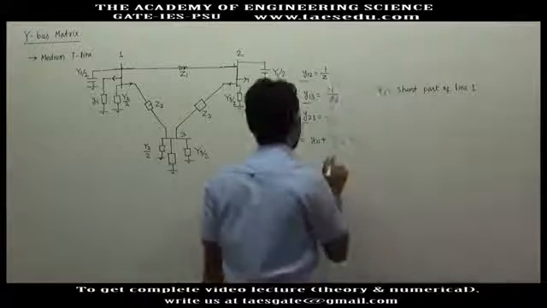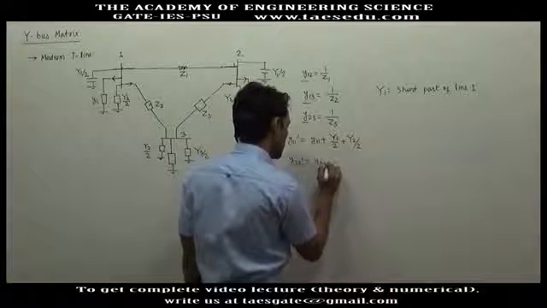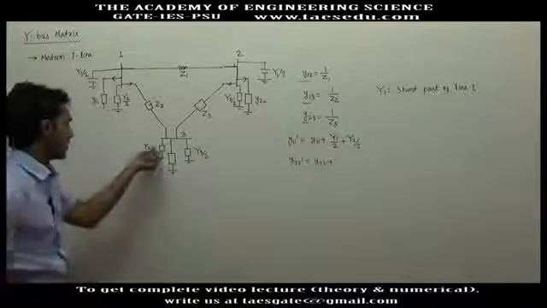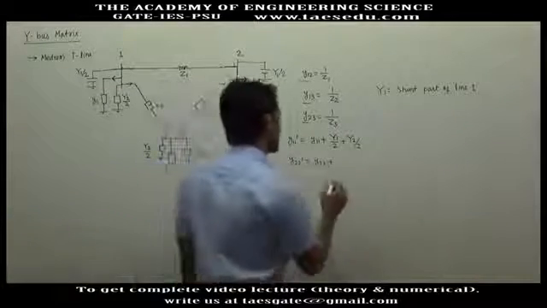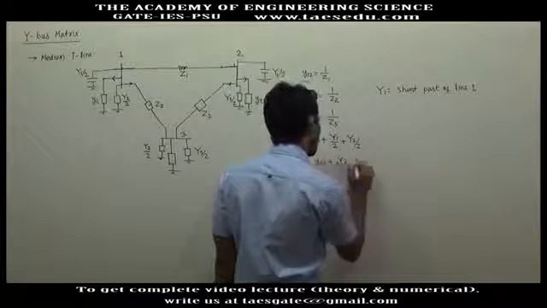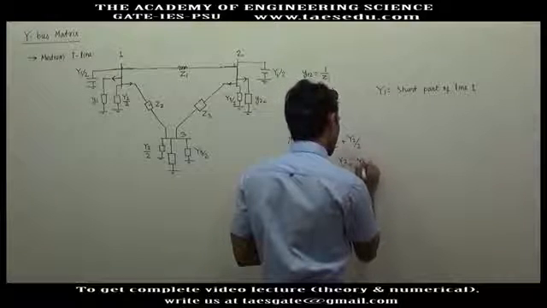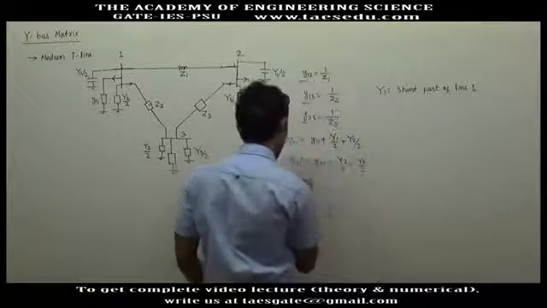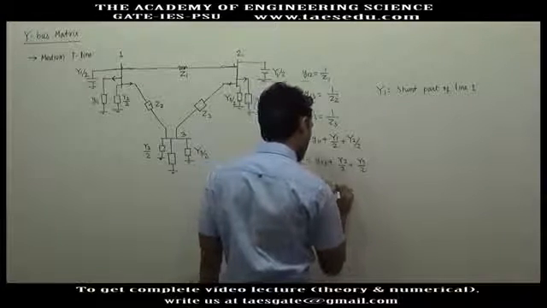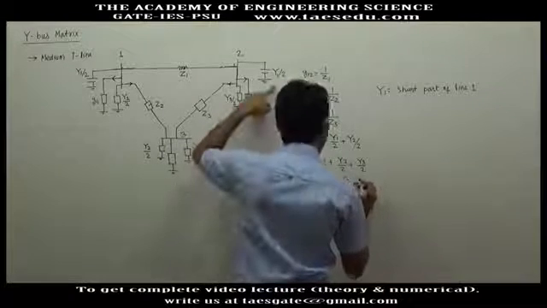Similarly, Y22 dash will be the original shunt part plus Y2 by 2 plus Y3 by 2, and Y33 dash will be Y33 plus Y3 by 2 plus Y1 by 2.